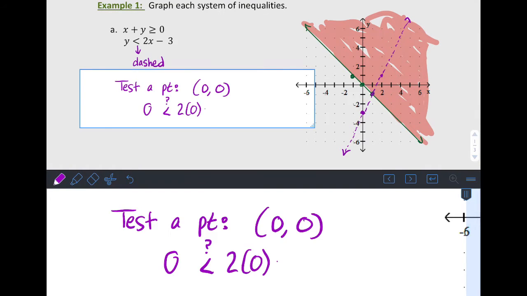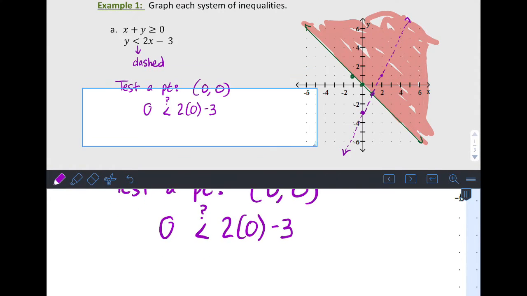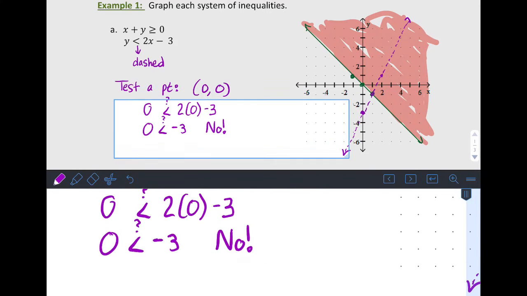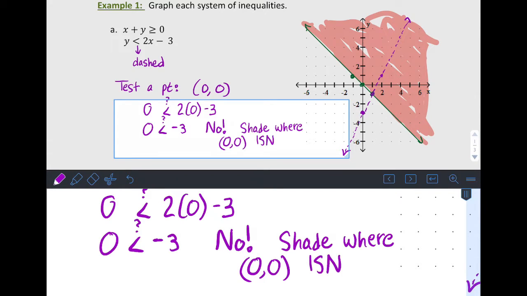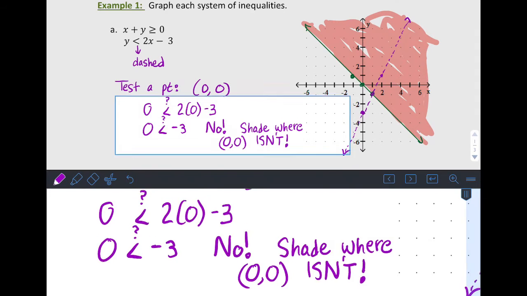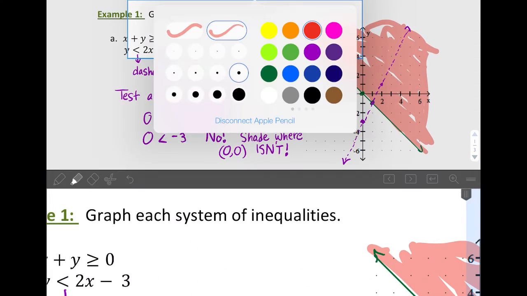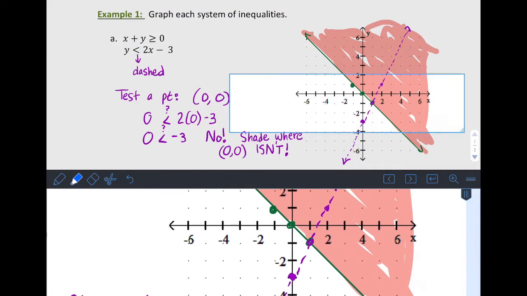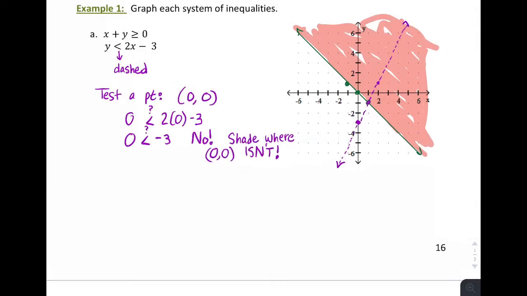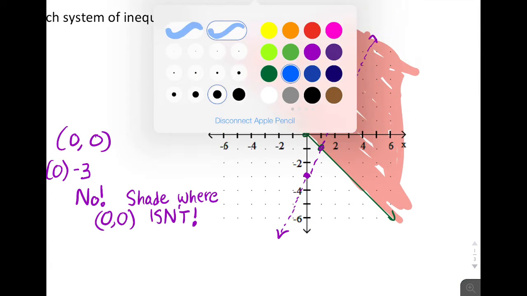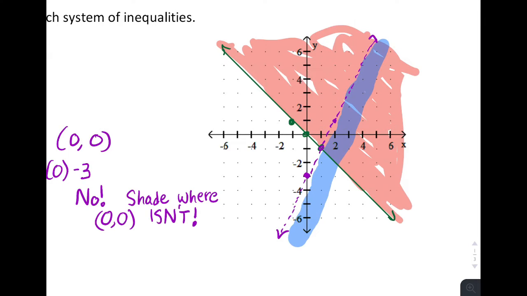So I'll have 0 is less than or equal to negative 3 when I get it all said and done, which is not a true statement. So I'm going to shade where 0, 0 isn't, on the other half of my line, which is the bottom right side of it. Once I've got the shading done for both of my inequalities, the solution set to my entire system is just the points that make both of those true, so it's the overlapping region of your coordinate plane.